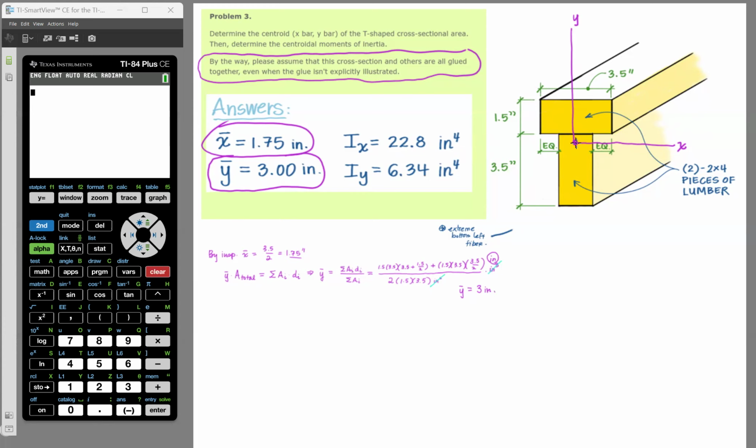All right, let us add a little information. So we calculated 3 inches from here to here.